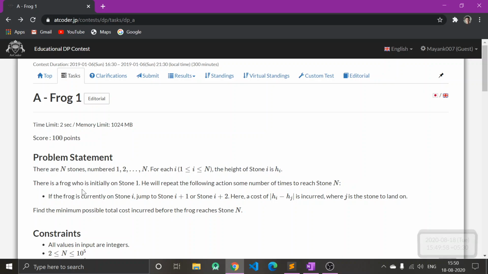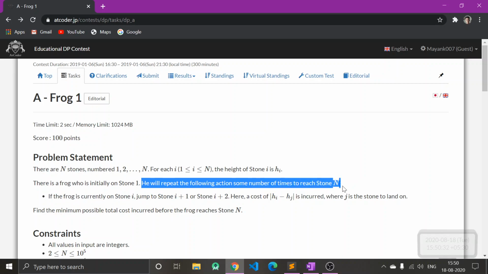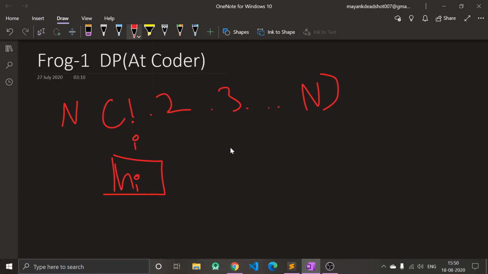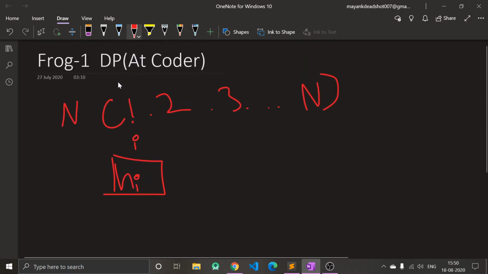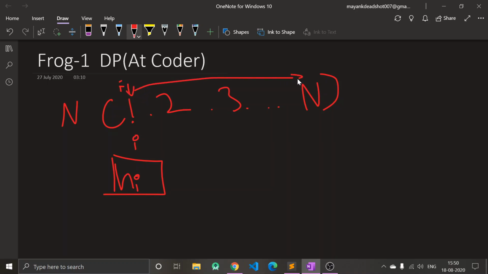There is a frog who is initially on stone 1, and he will repeat the following action some number of times to reach stone n. So what the problem statement says is that there is a frog at the 1st stone, and he wants to reach the nth stone.